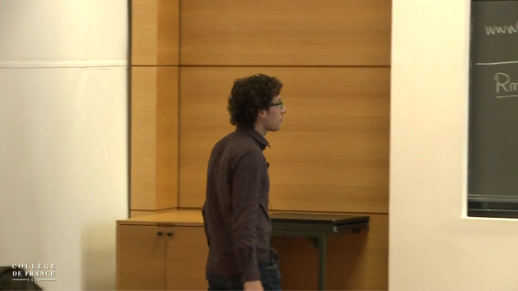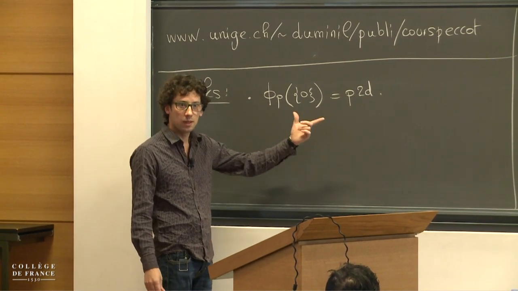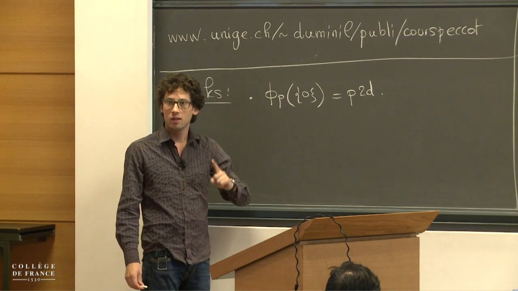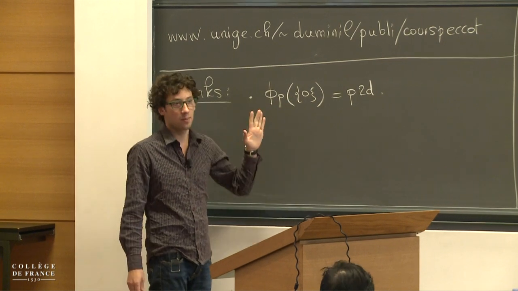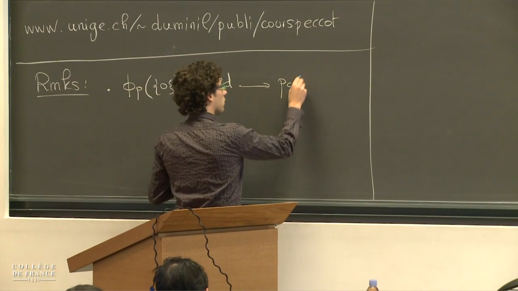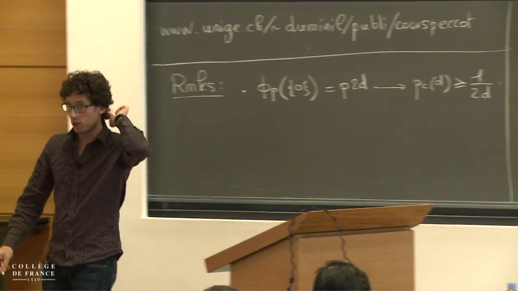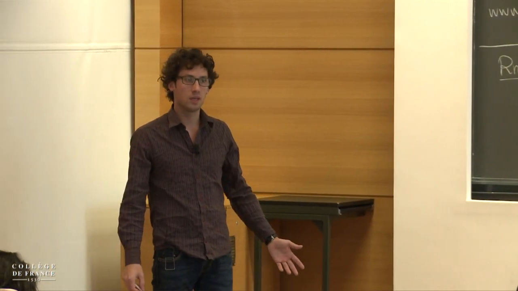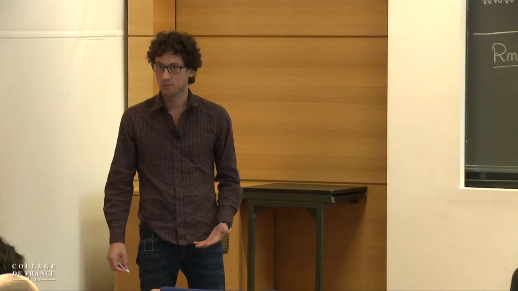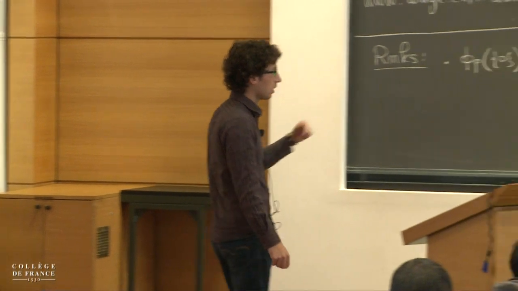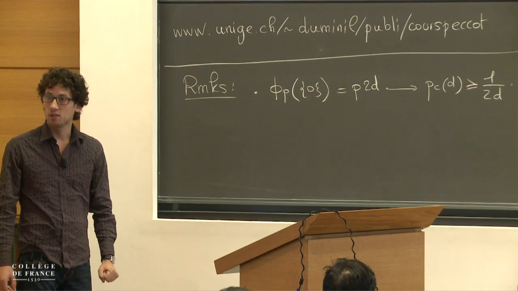But remember that we said that pc is the infimum, or the supremum, of the p for which you can find one set S such that phi p of this set is strictly smaller than 1. So what does it imply? It implies automatically that pc of d is larger than 1 over 2d. So the critical value of Bernoulli percolation on Z^d is larger than 1 over 2d. And this is the bound that you would get by doing the classical Peierls argument. But here it falls out completely trivially from the proof. And so in particular, it tells you that pc is bigger than 0.